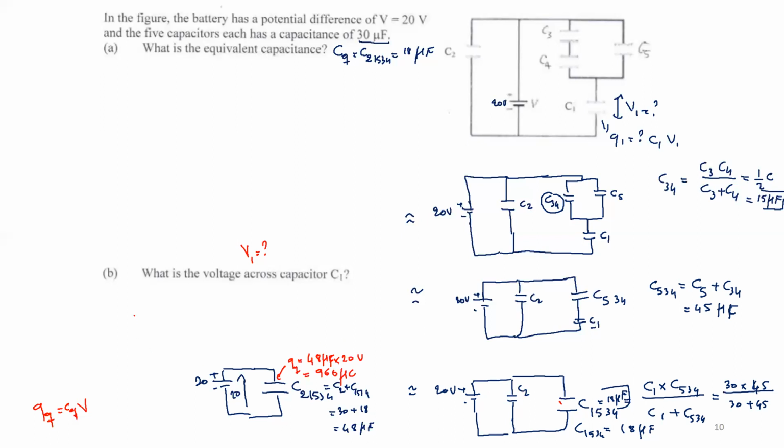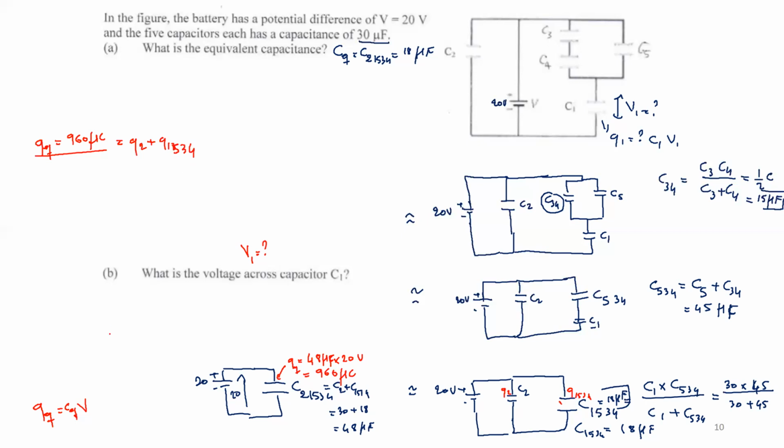Okay, so I can say that Q equivalent, which is 960 microcoulomb, is equal to charge Q2 plus charge Q1534.